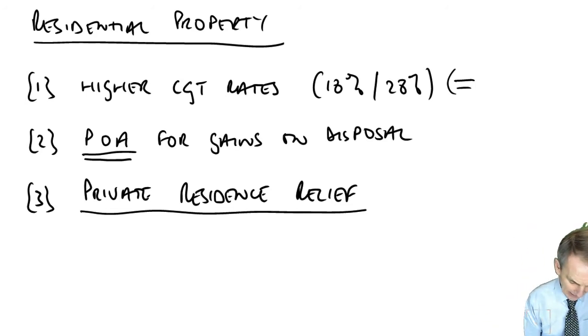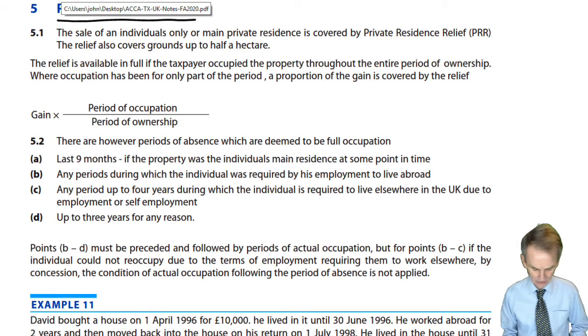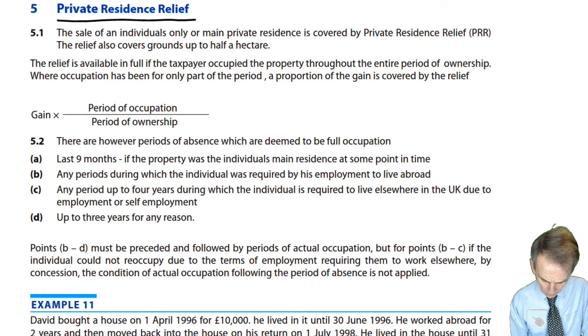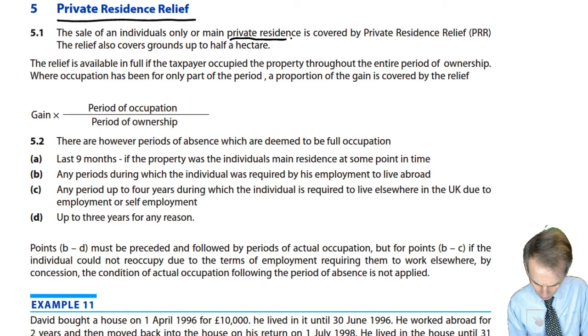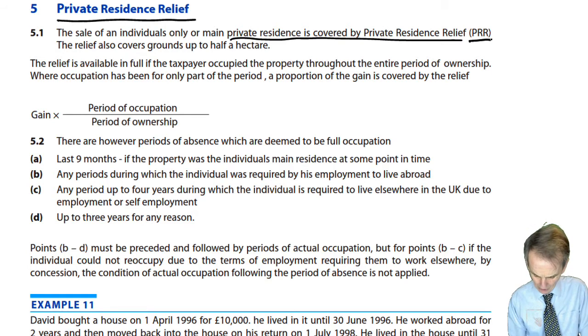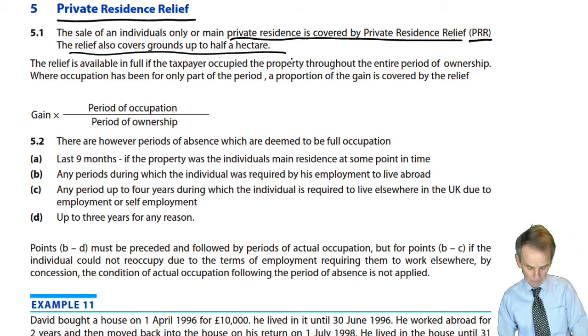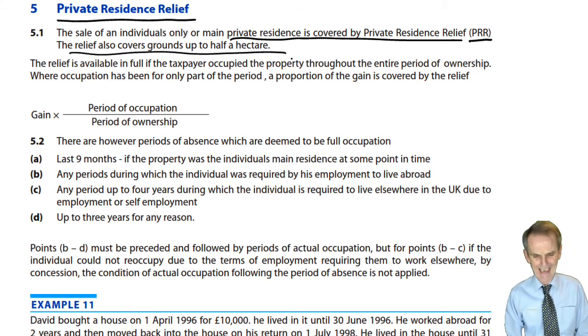So let's have a little look now at the detailed note to see what we have on this. The sale of an individual's only or main private residence is covered by private residence relief, or PRR as we may know it from now on. That relief also covers grounds, gardens therefore, up to half a hectare.